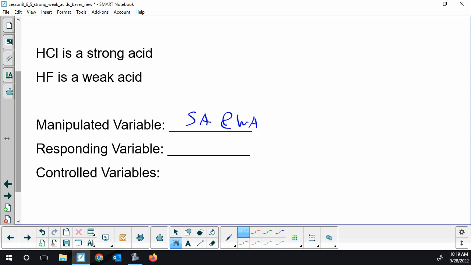So the type of acid is our manipulated variable. We want our responding variable to be pH. But in order to do that, I'm going to leave you to think, what controls would we want to have when we do this measurement so that the pH does connect to the strength and not just be random?